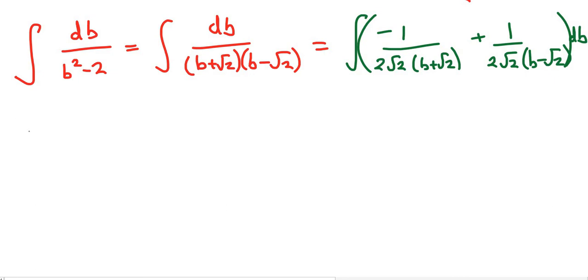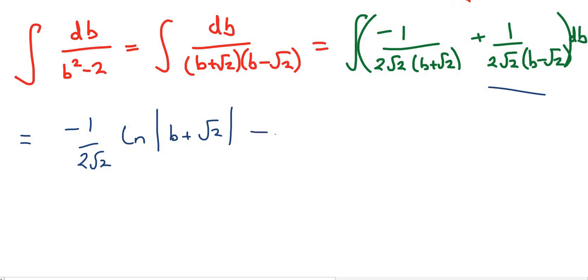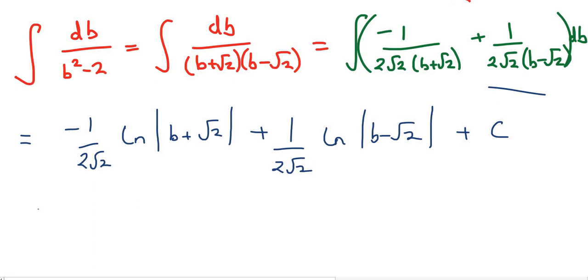Now we know how to integrate functions of this form. This just becomes minus 1 over 2 root 2 times the natural log of the absolute value of b plus the square root of 2. And then for this second bit, we have plus 1 over 2 root 2, natural log of b minus the square root of 2. And again, this time I'm not going to forget the plus C. Right, so what was b?